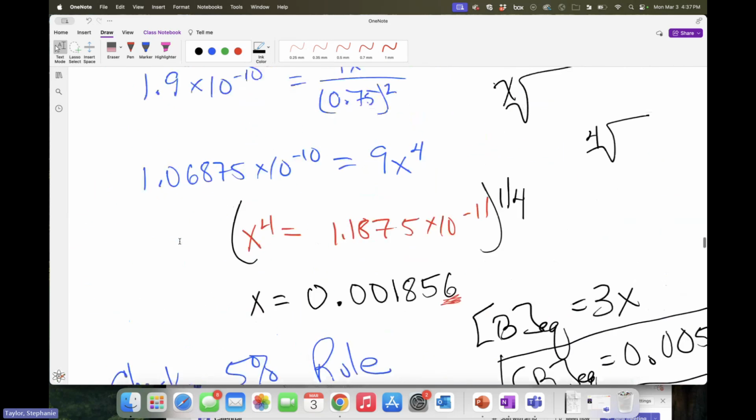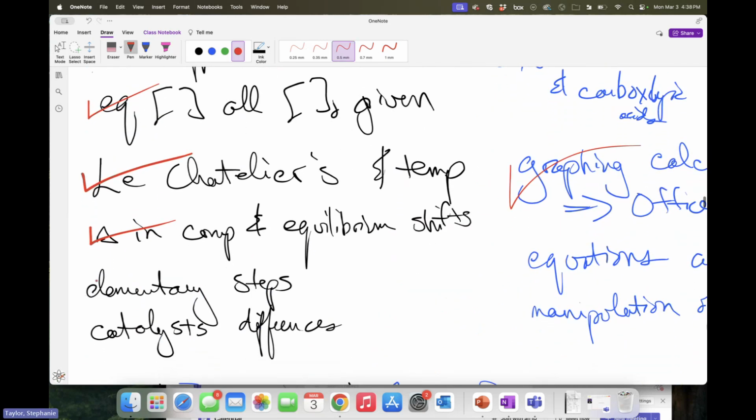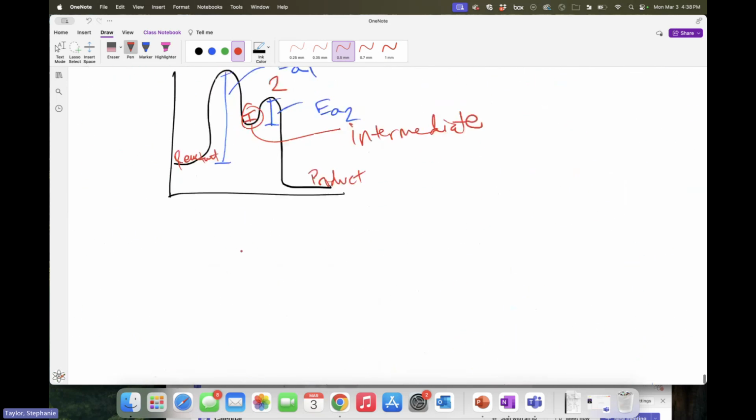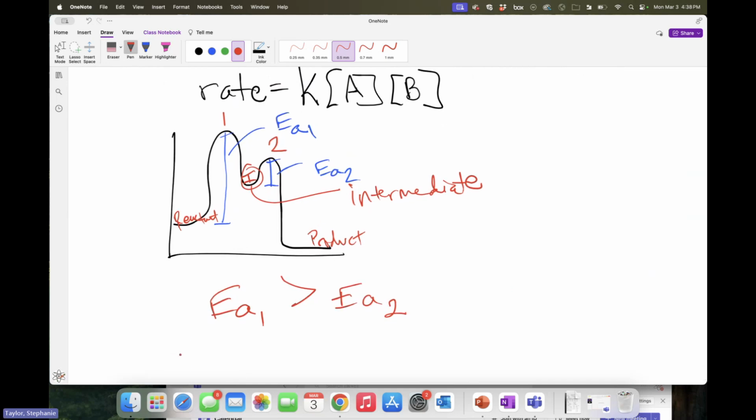Okay, let's scroll back to take a look at my stuff. All right, we talked about elementary steps. We didn't talk about fast and slow though. I'm a little sad about that. So where you can see my blue line here is longer. My activation energy 1 is bigger than my activation energy 2. This here means that step 1 is slow.